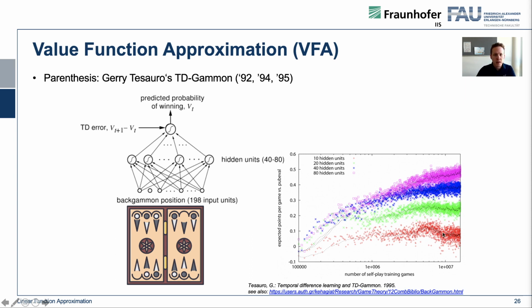And what you see is that with an increasing number of hidden units, you approximate the value function more accurately, meaning that you can use the value function estimate of your neural network to do greedy policy improvement and to do control, within playing backgammon.